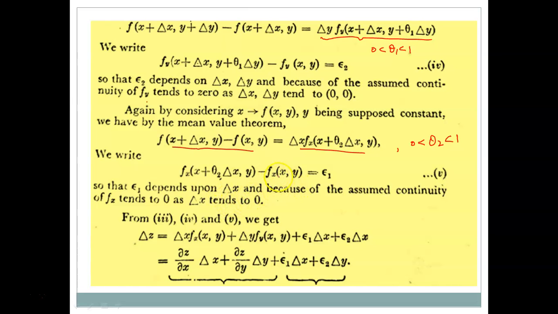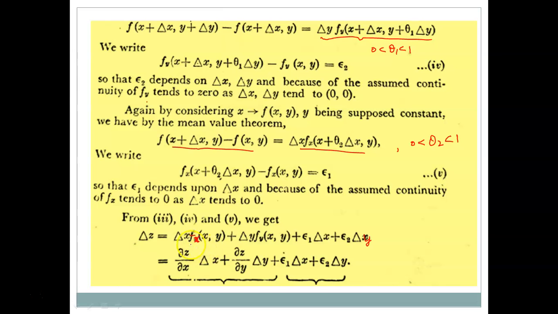So using equations number 4 and 5 in equation number 3, it can be written as delta z equal to f_x(x, y) delta x plus f_y(x, y) delta y plus epsilon 1 delta x plus epsilon 2 delta y.